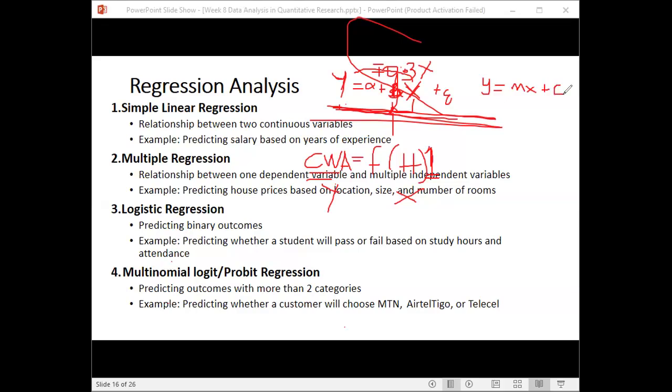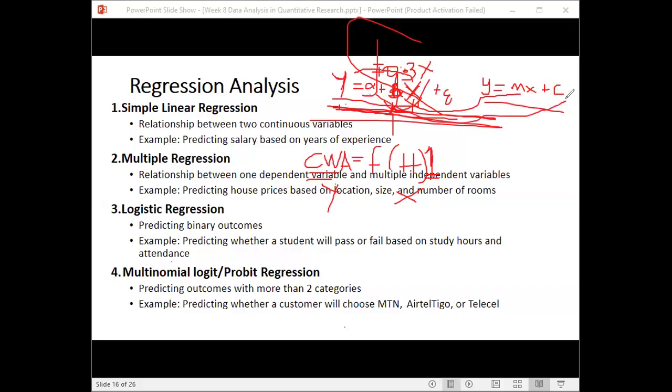In our senior high or O level or A level, whatever we did, this was what we learned. That's a linear equation, right? So the equation of a line is giving us this. And it's the same thing that this regression is giving me. The beta x here is the mx here. The alpha here, which is a constant, or the intercept, is the c here, right?